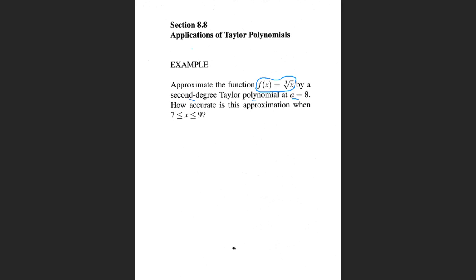So the Taylor polynomial is centered about a equals 8. And then we're going to ask the question, how accurate is the approximation if x is between 7 and 9?